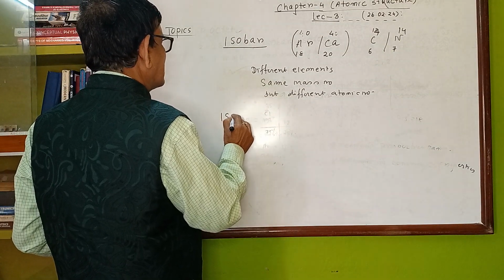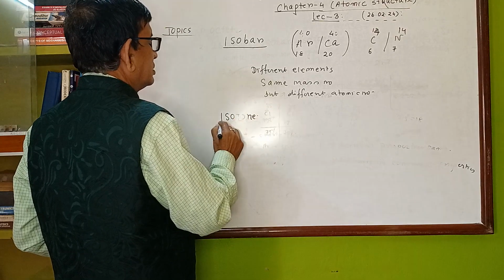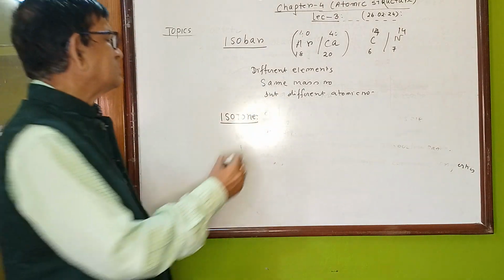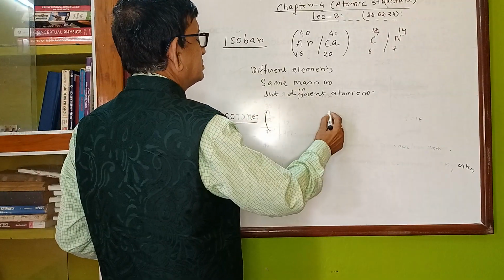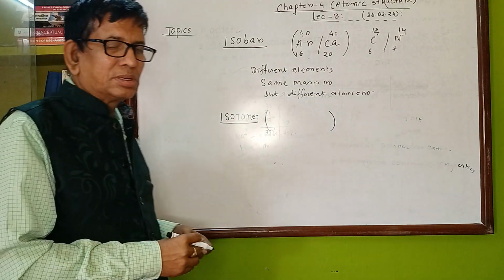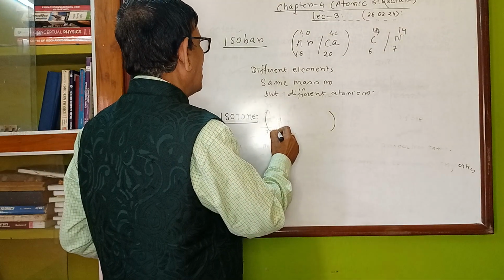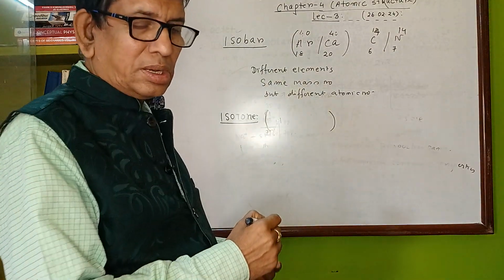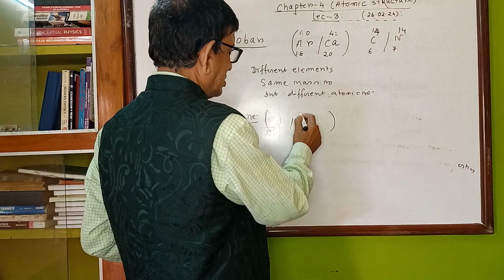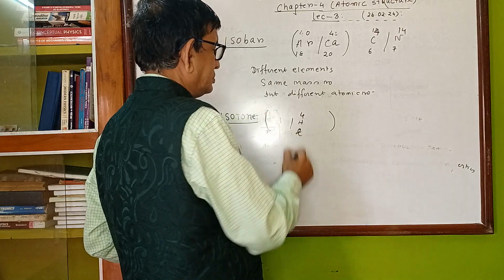I am giving an example of isotone. Isotone means, give example hydrogen. Suppose hydrogen and helium. Hydrogen 3, 1 and helium 4, 2.